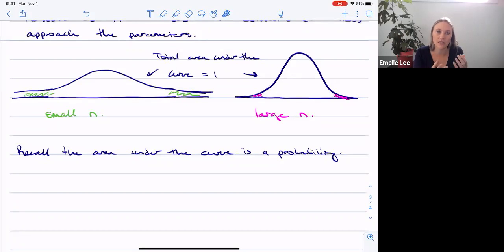How good of a job are they doing at estimating the parameter? If I'm only looking at a small sample size, let's say 5, even if it came from a normal distribution, if I'm basing my opinion off a sample of 5, then I need to recognize that maybe an extreme value wouldn't be as extreme if I increase the sample size. So we make more room in the tail to allow for more extreme values with small sample sizes.